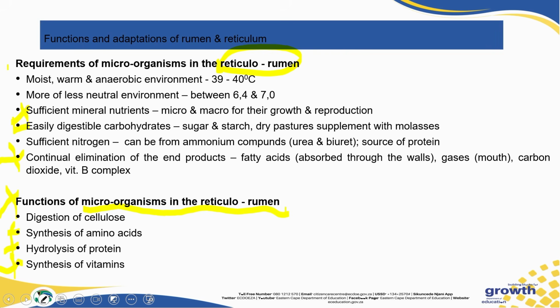There should be easily digestible carbohydrates, the starch and the sugars, because dry pastures will always be dry and need to be supplemented. So when we add easily digestible carbohydrates, it should be simple sugars, that is the starch and the sugar.